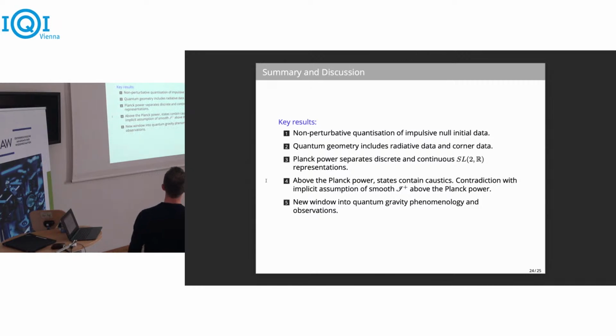But for the continuous series representations, there seems to be a problem, which suggests, in fact, that the theory at Scri, at future null infinity, will be governed by the discrete series representations. And what I hope, and what I want to explore, is that this can provide a new window into quantum gravity phenomenology.